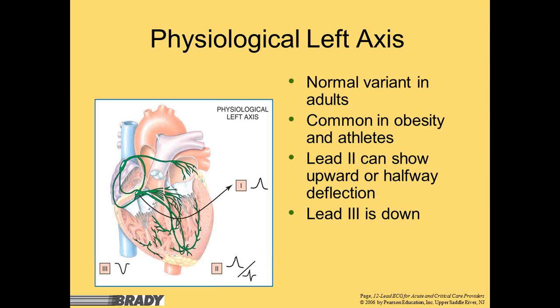And to do that, what we're going to do is count the number of boxes from the isoelectric line to the peak of the positive deflection. And then we're going to count the boxes from that same isoelectric line to the peak of the negative deflection. And then we'll subtract the negative ones from the positive ones.